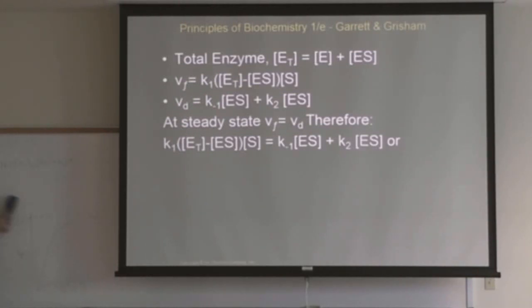And then we solve, putting all the K's on one side and the E's and S's on the other, and we get K1 divided by K minus 1 plus K2 equals the enzyme-substrate complex divided by total enzyme subtracted by ES, times the substrate concentration. Okay?